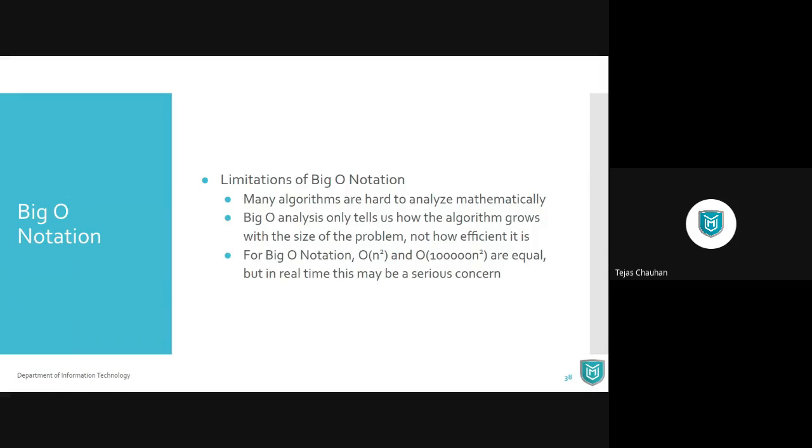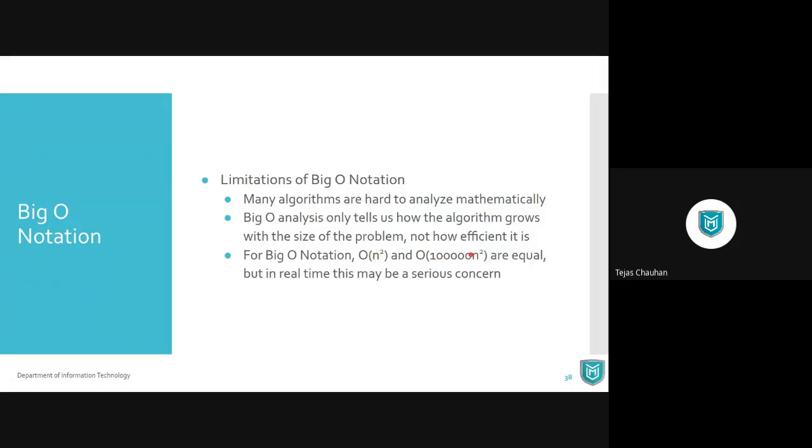So big O of n square and big O of 1 lakh n square, both are going to be equal in big O notation, because here we just want to focus on the growth rate, and growth is dependent on n, not on 1 lakh.